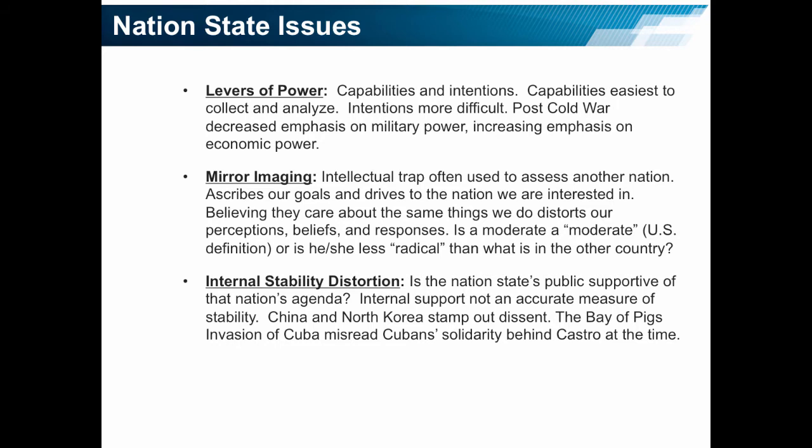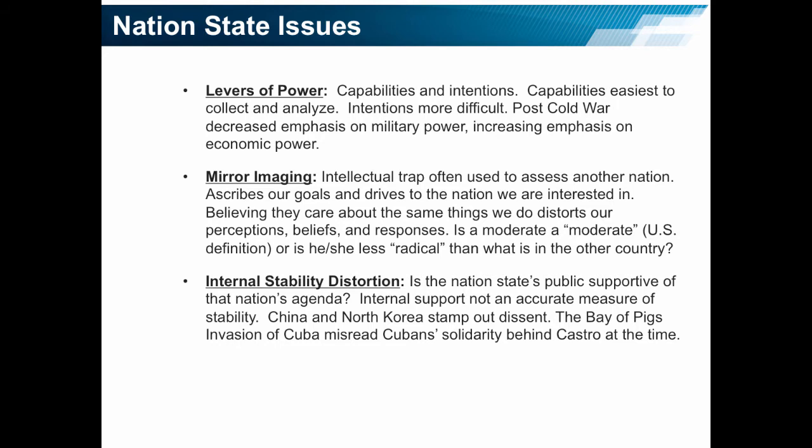Mirror imaging is the intellectual trap that is often used to assess another nation. Mirror imaging ascribes our goals and drives to the nation we are interested in. Believing they care about the same things we do distorts our perceptions, beliefs, and responses to other nations.